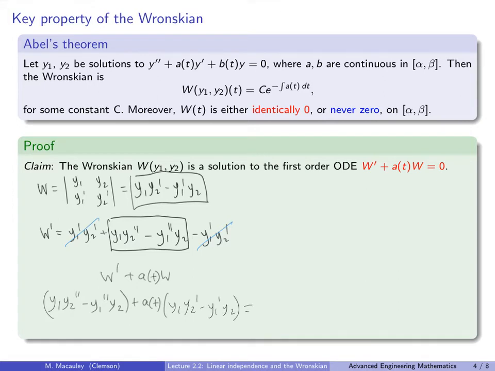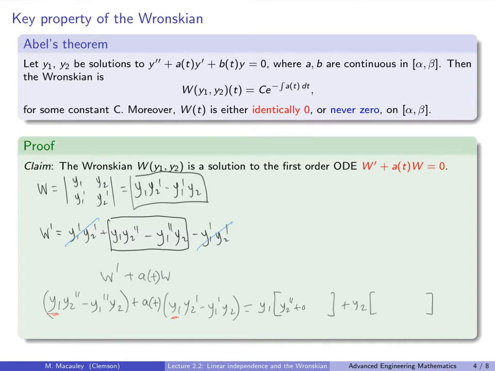And now we need to show that this is indeed 0. So how are we going to do that? Well, there's y1s in here and there's y2s in here. So let's write them out separately. So this is y1 times something plus y2 times something else. So what goes in these brackets? So this first one, y1 times, so y1 here, and there's a y1 there. So we get y1 times y2 double prime plus a of t times y2 prime.